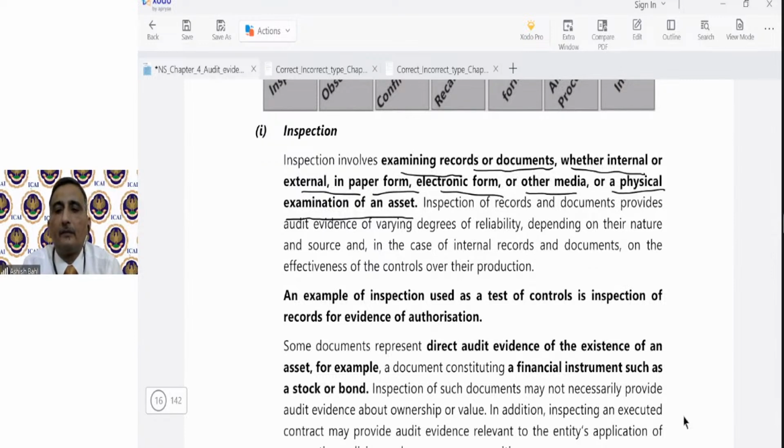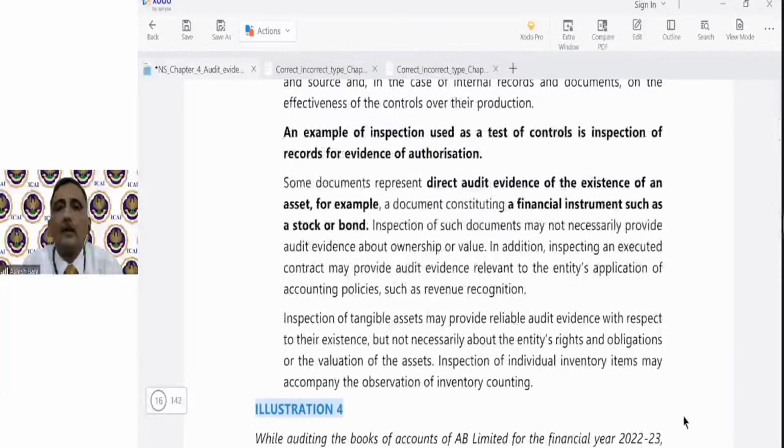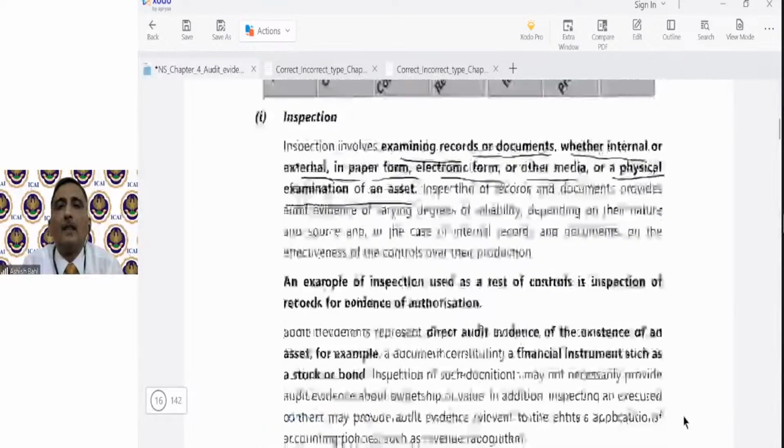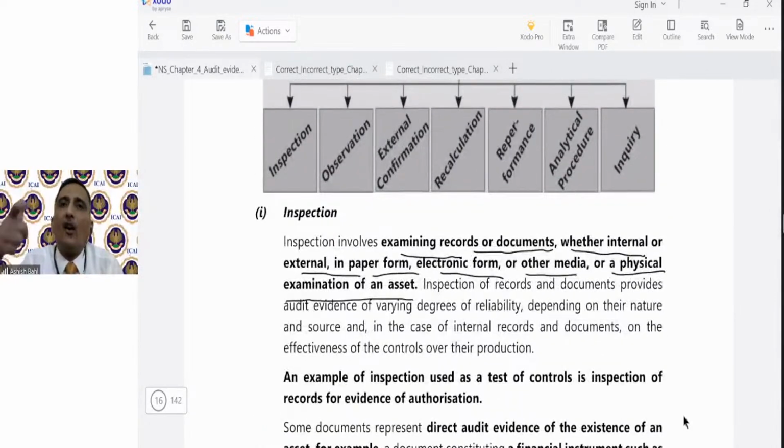Like say when an auditor attends physical inventory count. So what are inventories, guys? Inventories are assets. It is a current asset. So when the auditor goes to attend the physical inventory count of a company, he is inspecting the assets.